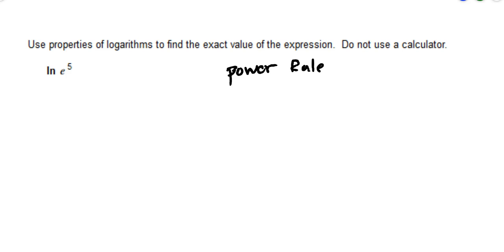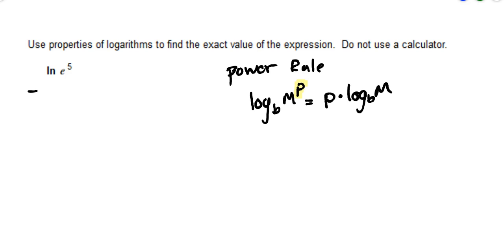And the power rule says that if you have log base b of m to the p, so that means having inside the log some expression raised to a power, then you're allowed to rewrite that log as that power multiplied by the log.